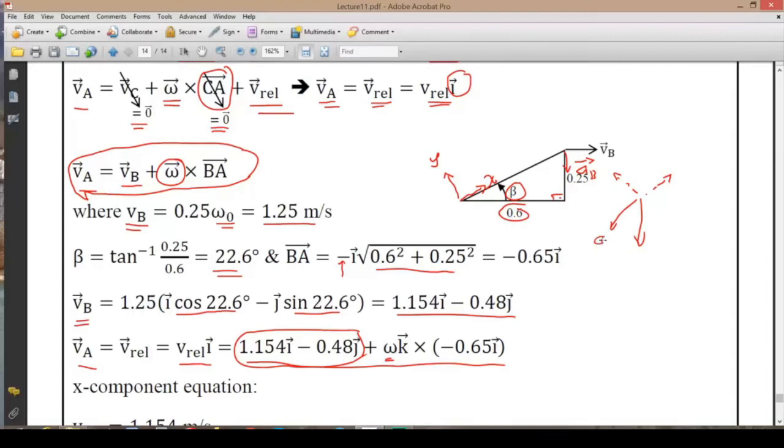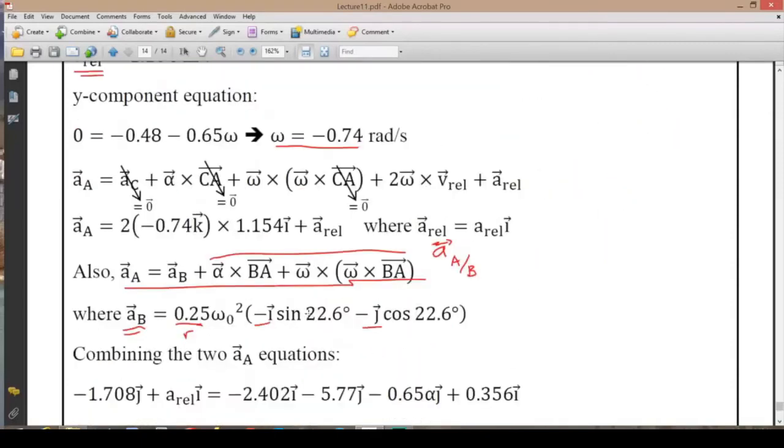So this is the AB in x direction, and in the y direction it's also going to be negative AB y. This is x, this is y. Just to have a larger view of what I have just said, this is it.